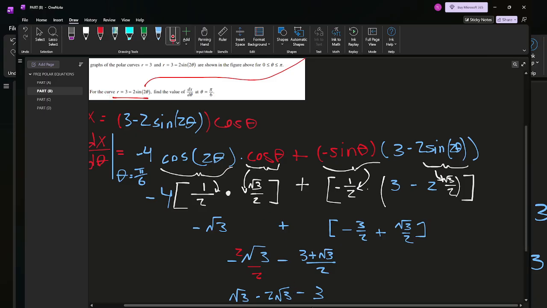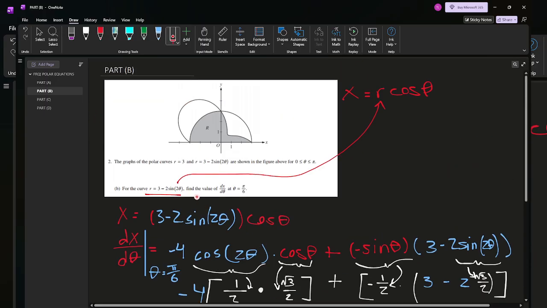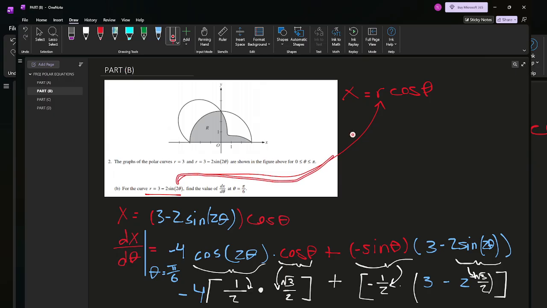Now, for part B, for the curve r equals 3 minus 2 sine 2 theta, find the value of dx over d theta at theta equals pi over 6. If you remember, x in terms of polar equations is r cosine theta.